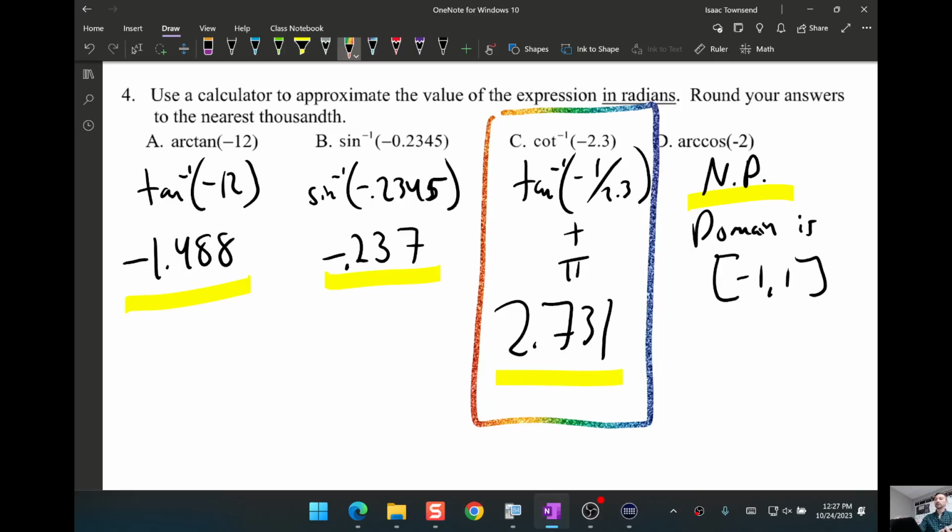Not the answer, the number you're plugging into it needs to be between -1 and 1. Domain represents the numbers that you're plugging in. So this number is between -1 and 1. That's why this one works out fine. This number is outside of -1 to 1, which is why this one doesn't work. What it equals would be the range.